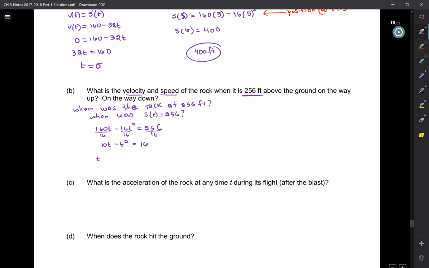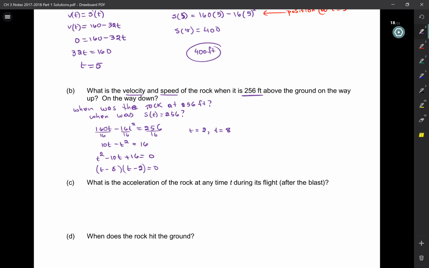So I move everything to the same side and set it equal to 0. Now, can I factor this? So t minus 8, t minus 2. So at t equals 2, t equals 8. Does it make sense that it was there twice?